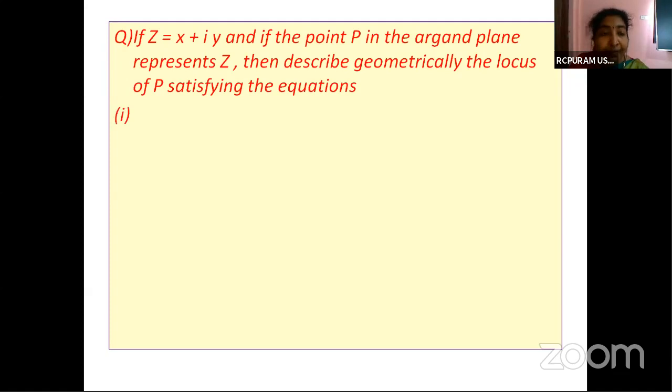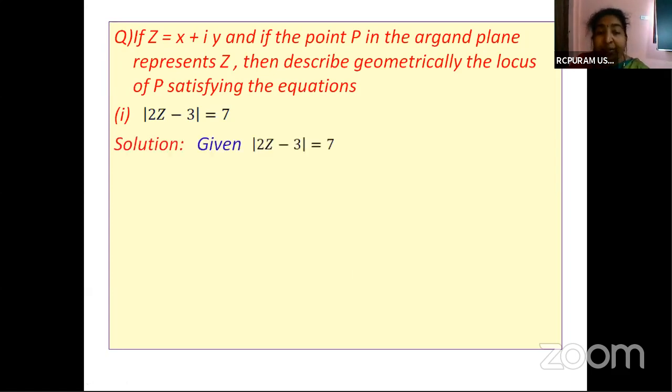Number 1, mod of 2z minus 3 is equal to 7. The expression which is given to you is mod of 2z minus 3 is equal to 7. You are already given that z is equal to x plus iy. First, we will try to simplify the given condition. Then we will try to analyze geometrically what exactly the locus is showing you.